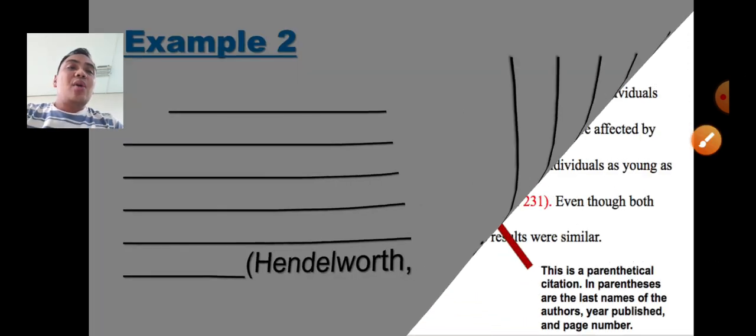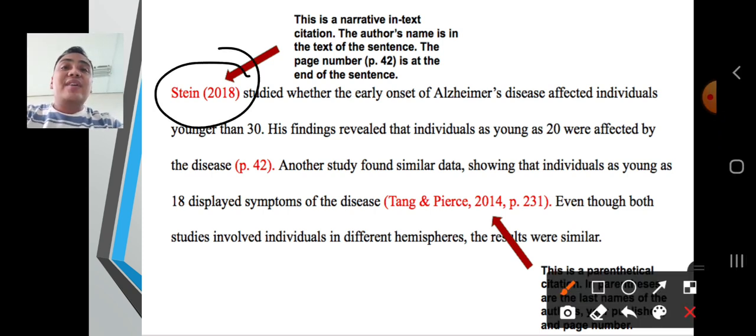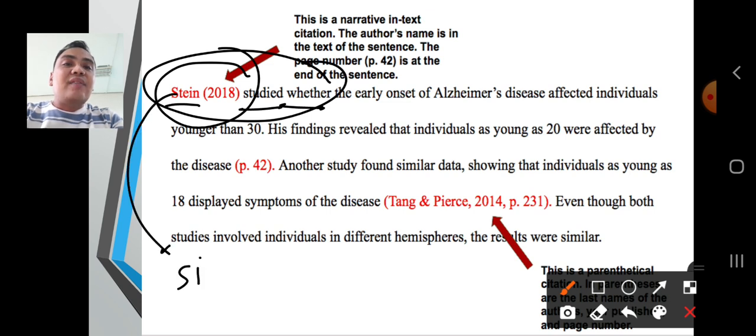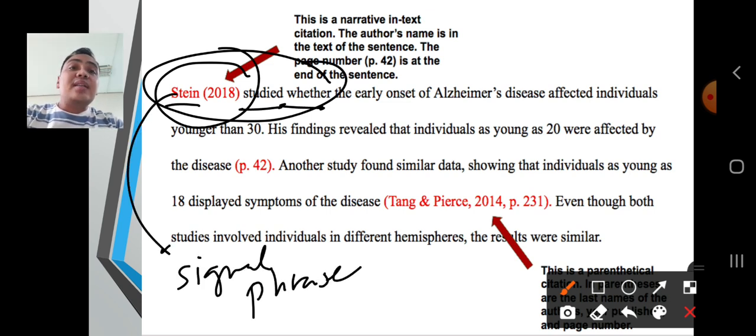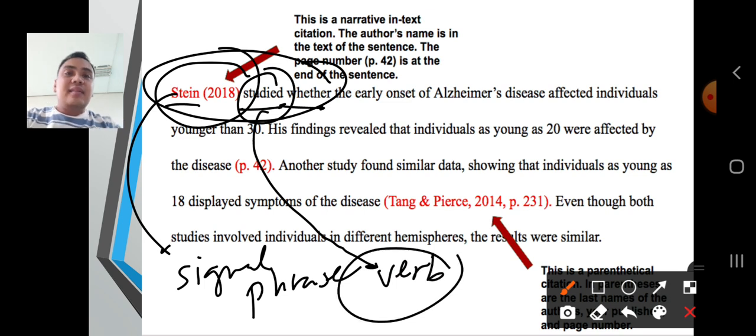Okay? So in this case, we have an example of narrative citation, Stain, open close parenthesis, 2018, studied whether. So notice that we have the signal phrase. And what is our signal verb that was used in this example? We have the signal verb studied.